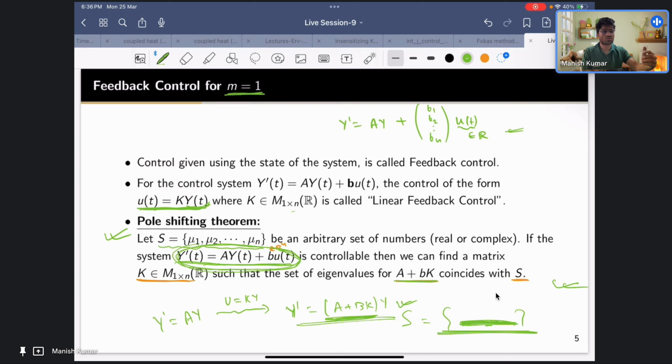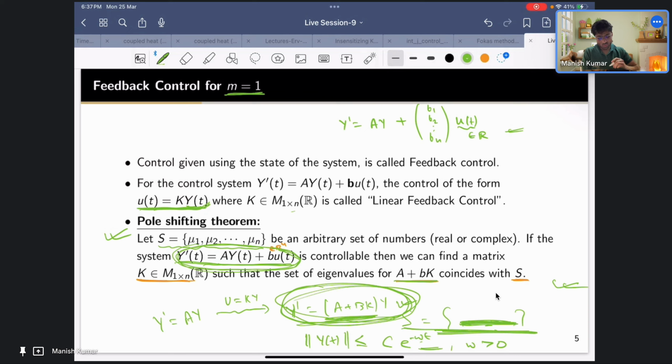Whatever negative real number you choose, you get an estimate for the solution of the form C times e raised to the power minus omega t, where omega is any number you want, because S is in your hand, and hence the eigenvalues of this system and the decay are in your hand.